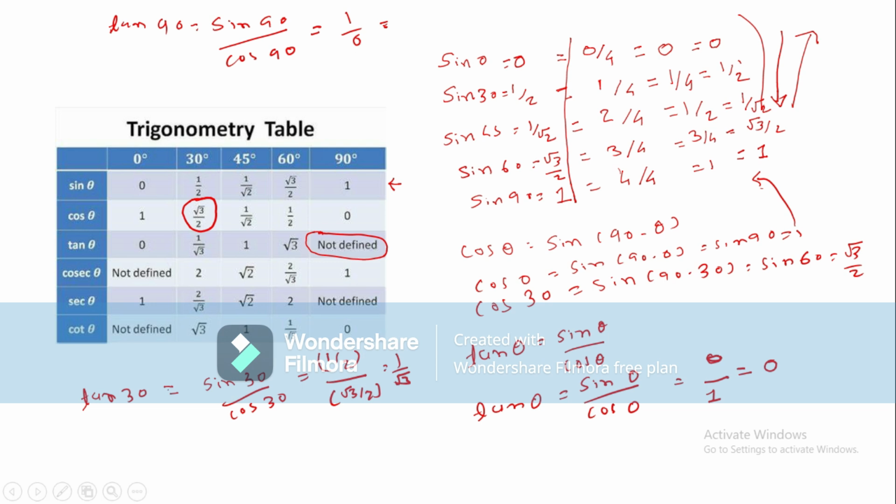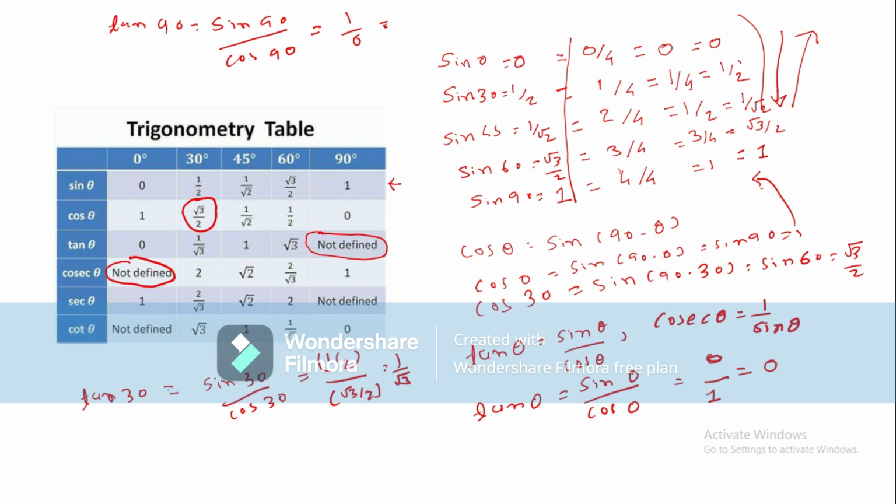Similarly, cosec theta is equal to 1 upon sine theta. So we need to reciprocate these values. So 0 over here gives 1 upon 0, which is not defined. Here 1 upon 2, so the value is 2. 1 upon root 2 reciprocal is root 2. Under root 3 by 2, its reciprocal is 2 upon under root 3. 1 reciprocal is 1.